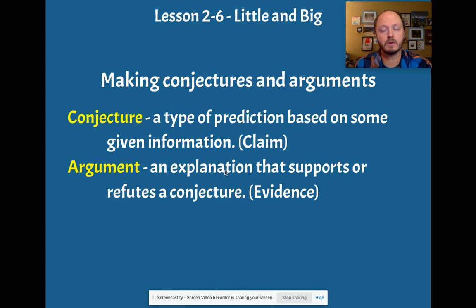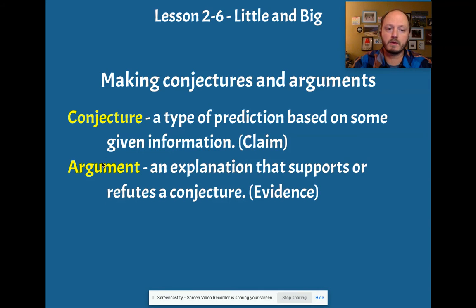It has to do with making a prediction that isn't necessarily something that you can prove, or it is something that you can back up and prove, and you need to then make an argument with it.